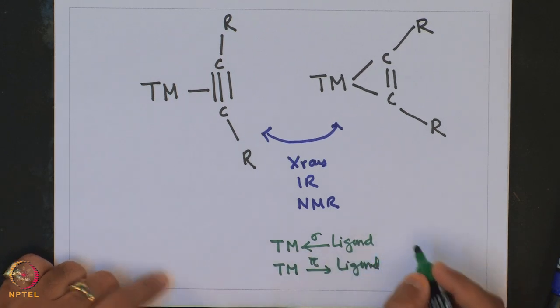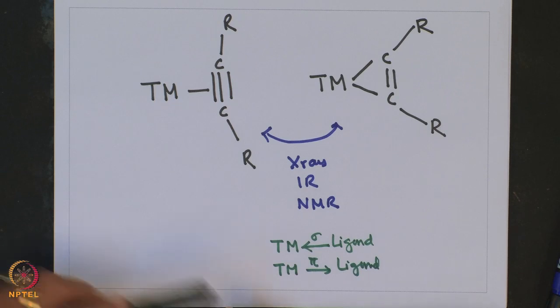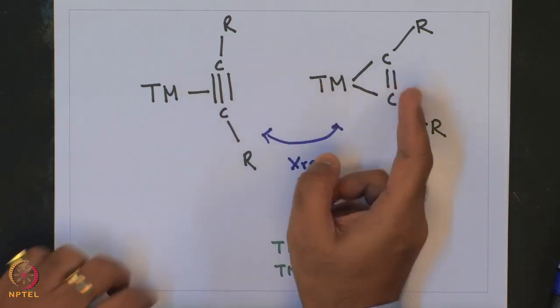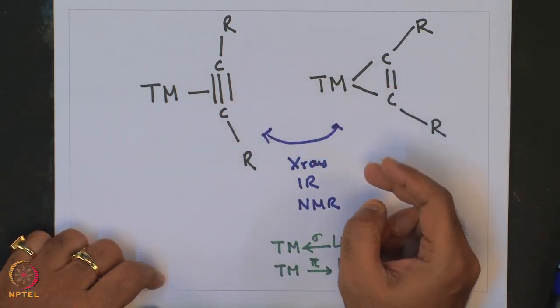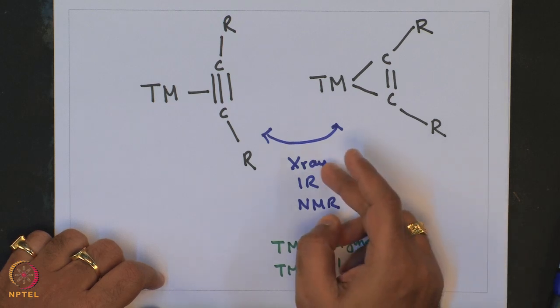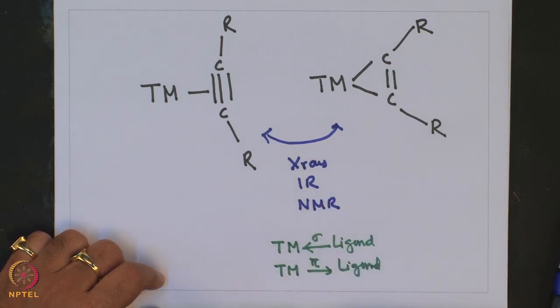So, these two interactions can be well understood if one takes a look at each of these two structures and sees which one is predominating based on X-ray, IR and NMR studies.